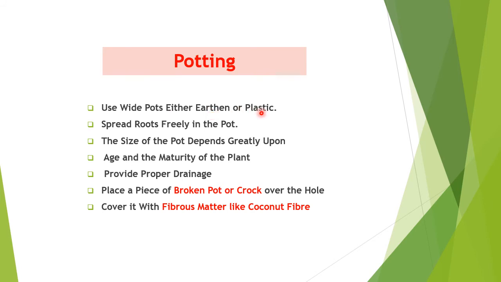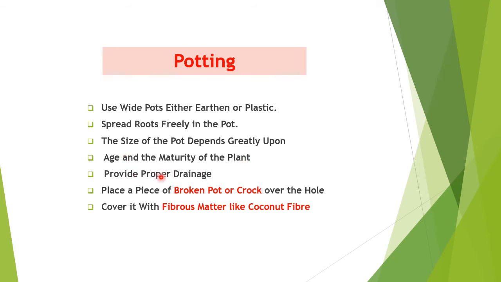Nowadays, plastic is available, and when you are taking a pot, you spread the roots freely in the pot. The size of the pot depends greatly upon the age and maturity of the plant.